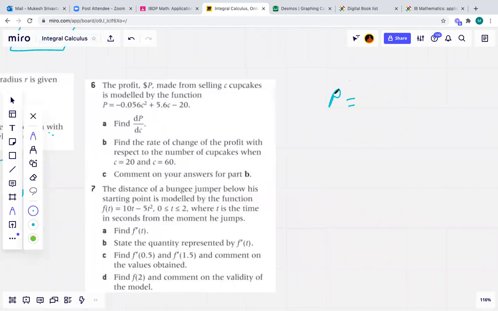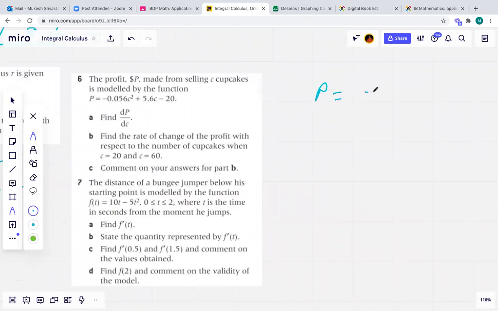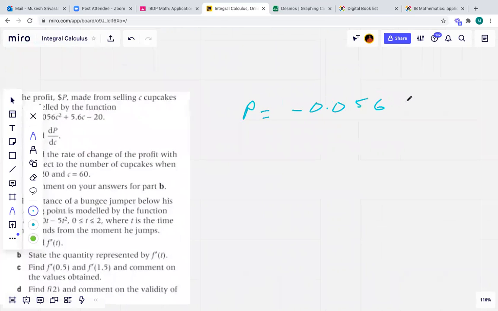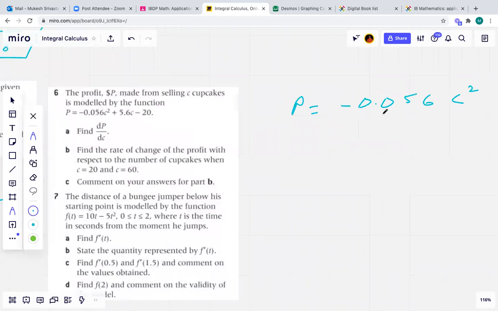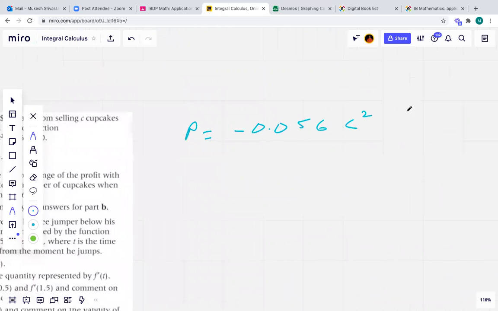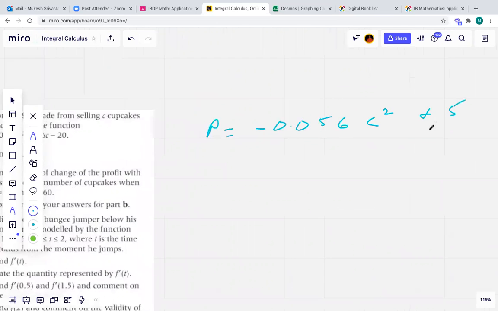Okay. So here it is the derivative. I'm finding the derivative only, no? Yeah, dP by dC, the rate of change of profit with respect to C, the number of cupcakes sold. So it'll be 2 times 0.05, which is 0.1, and 2 times 0.056 is 0.112.